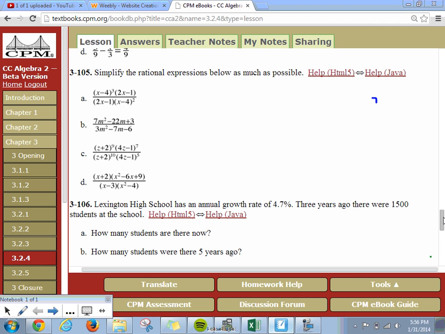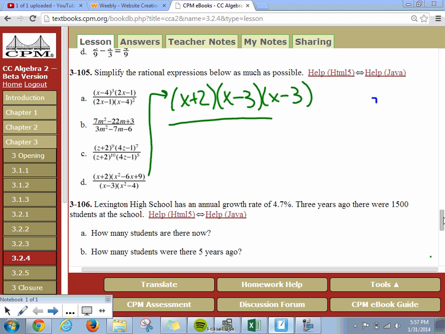All right. Those are a little bit work intensive, but C will be a nice easy one, very similar to part A. And in D, you'll see that we still do need to factor a few things out. What they want you to see there, let's do D really quick, is that we can factor out our top. We'll still have our x plus 2, and then we'll have x minus 3 times x minus 3.